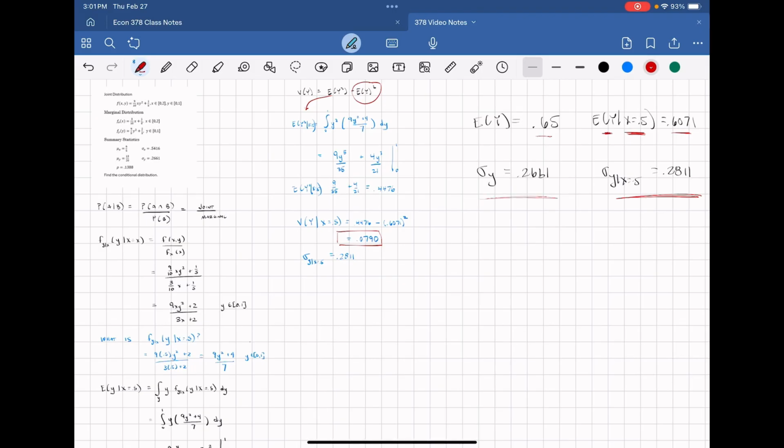In this case, knowing that x is 0.5, the expected value of y is lower than the unconditional, and the standard deviation is higher. This is because x and y are not independent, so by having information on x, I can more accurately estimate my expected value and standard deviation of y.